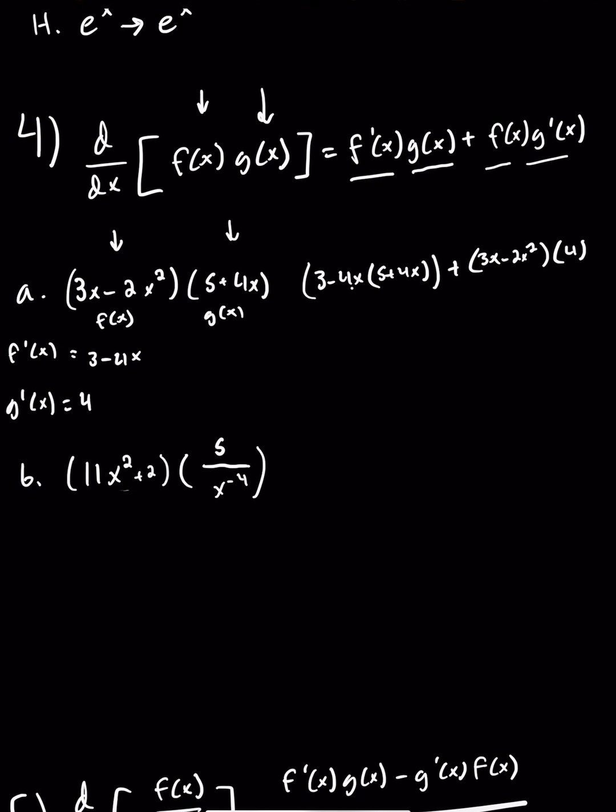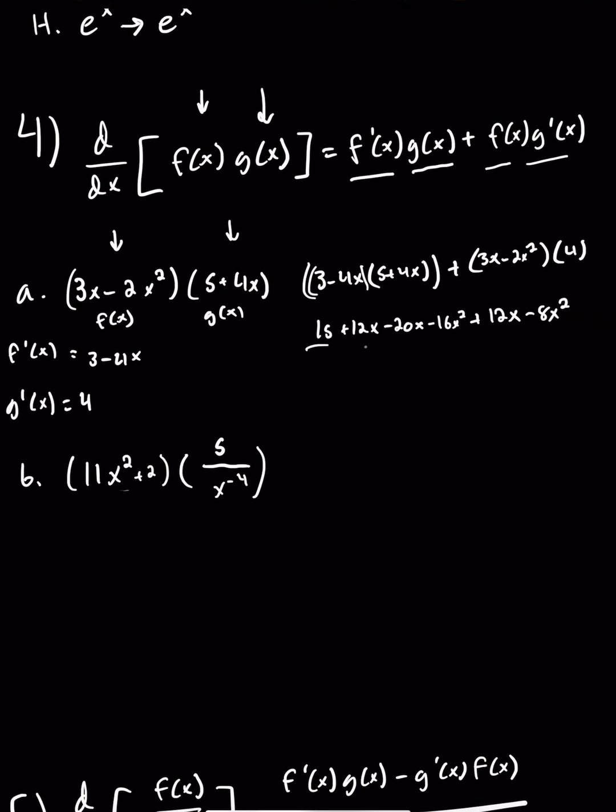Sorry, I need to add the parentheses so it's easier. So 3 times 5 is 15, 3 times 4x plus 12x minus 20x minus 16x squared plus 12x minus 8x squared.